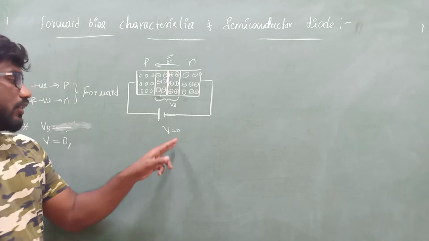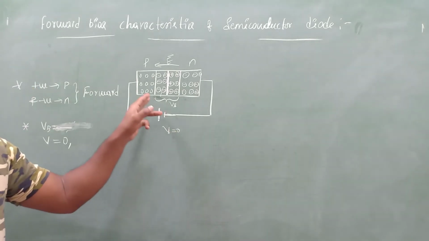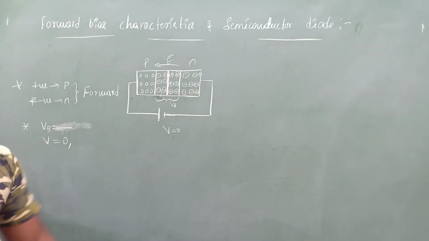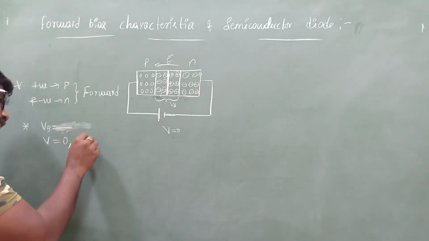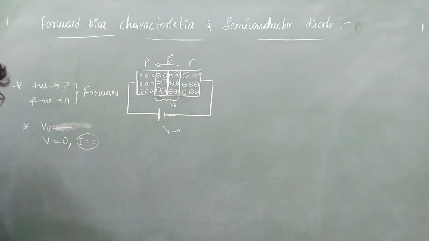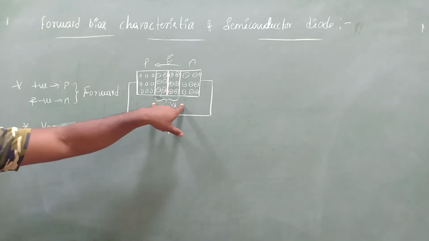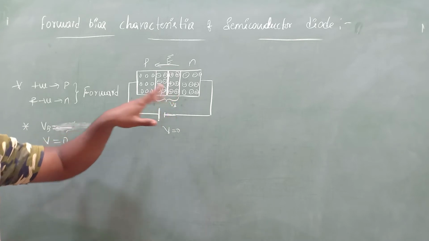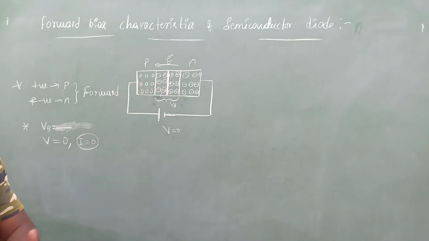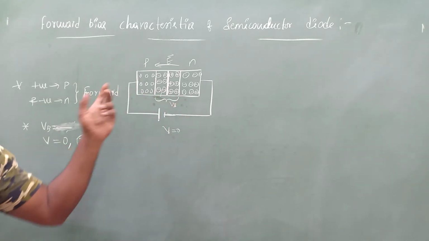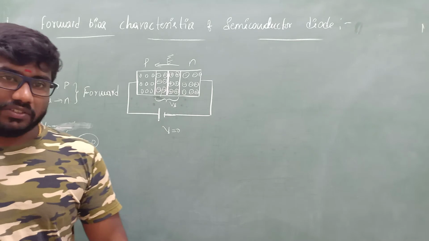If we keep the value of V as 0, does it allow the electric current to pass through this diode? No. I is also 0. Current is 0. Why, sir? Because this VB is nothing but the barrier potential, or junction potential, as we can also say. It has some value, and also the cut-in voltage we studied in the previous case.